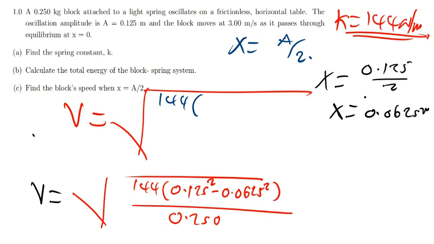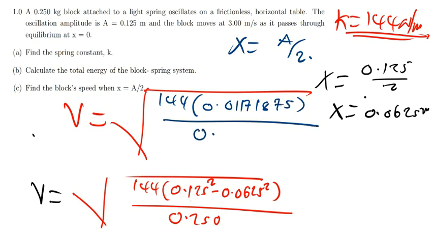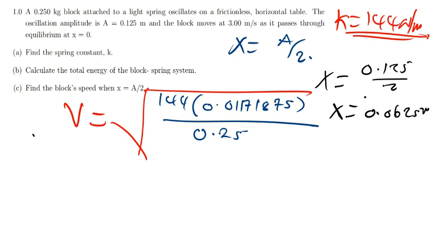So the answer I'm getting is 0.01171875. Then I divide this by the mass, which is 0.25, like that.